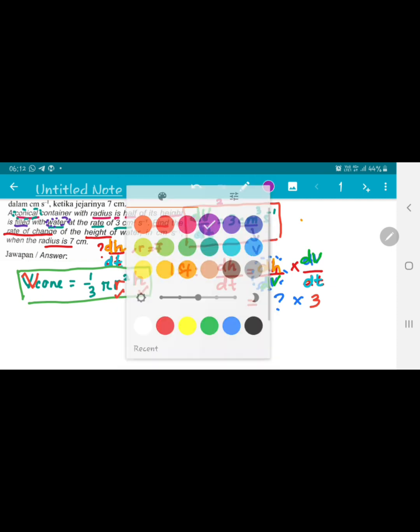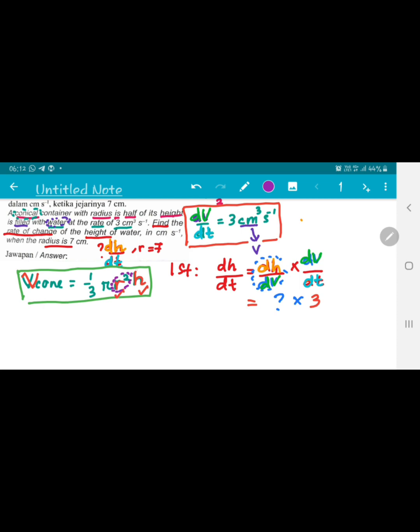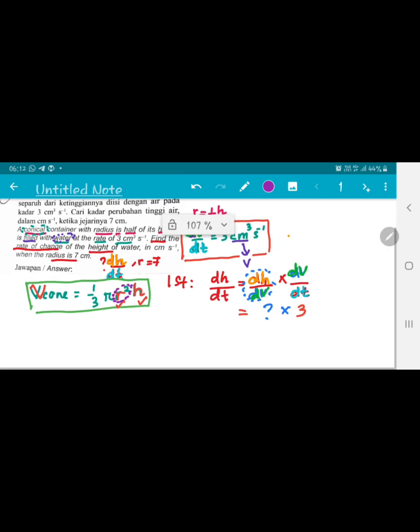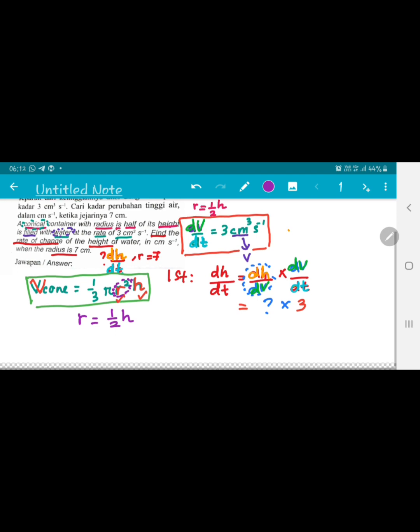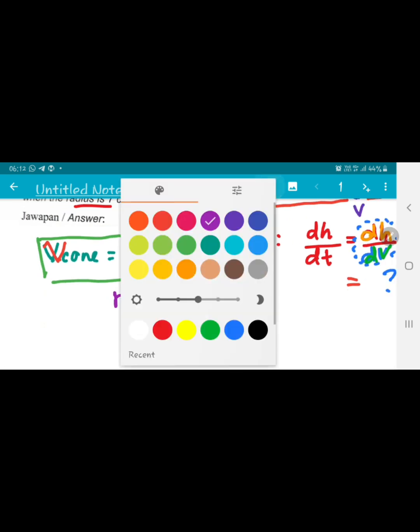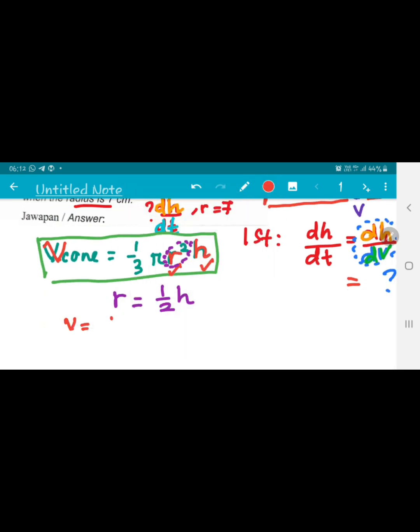So now we want V in terms of H. We don't want r here. So you will pergi tengok balik information yang dia bagi tadi. Here, given that r is half of h, so the r there kena tukar kepada half h, so that everything is in terms of h. So kita replace. Volume is 1/3 pi, the r right now replaced with half h, squared, and then h.